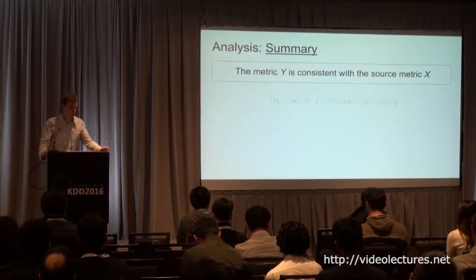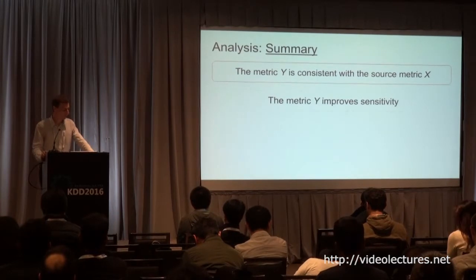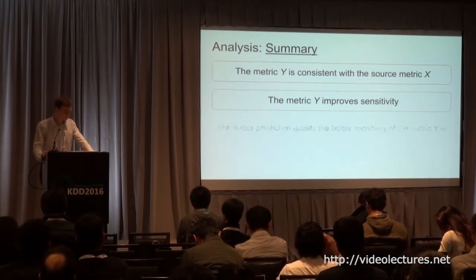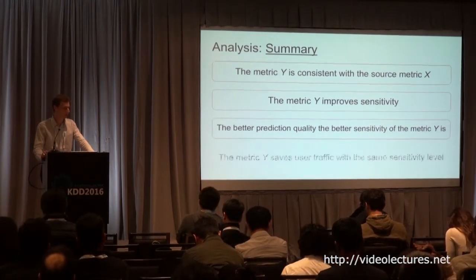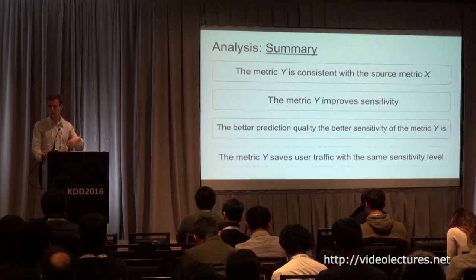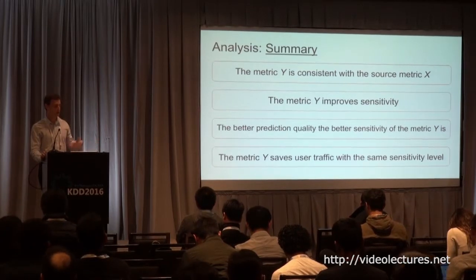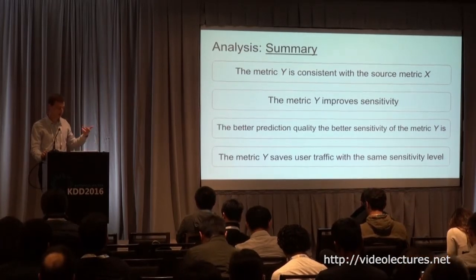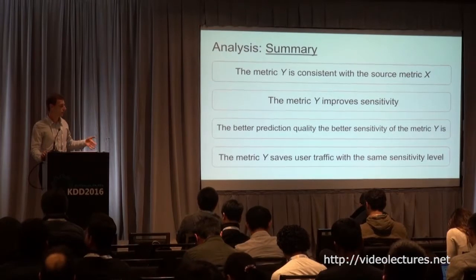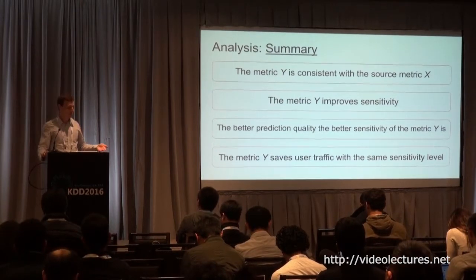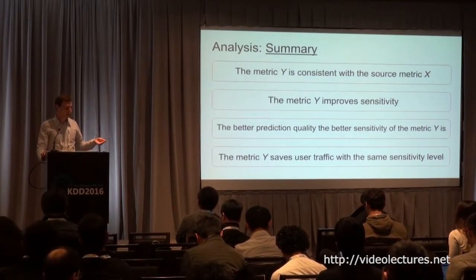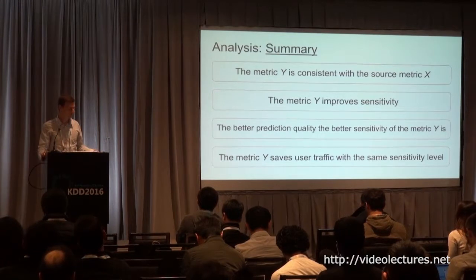So we have the following summary of our theoretical guarantees on our novel metric. First, the metric y is consistent with the source metric x, and thus we can make the same decisions given the treatment effect collected from changes of the metric y. The metric y improves sensitivity, and the better the prediction quality, the better the sensitivity of the metric y is.